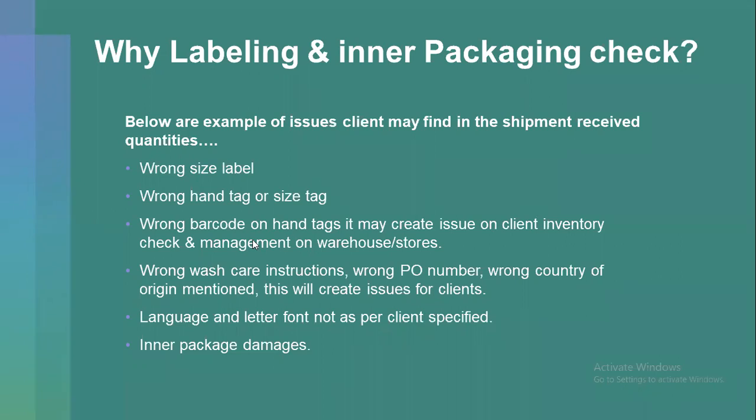Wrong wash care instructions, wrong PO number or wrong country of origin mentioned will create issues for the client as per their government standard or law standard. Also language and letter font not as per client specific requirement, and any inner packaging damages. So we can eliminate these things in the labeling and inner packing check.